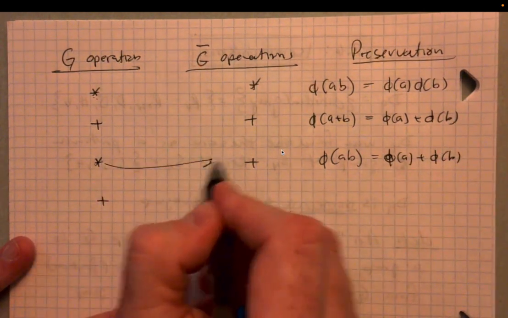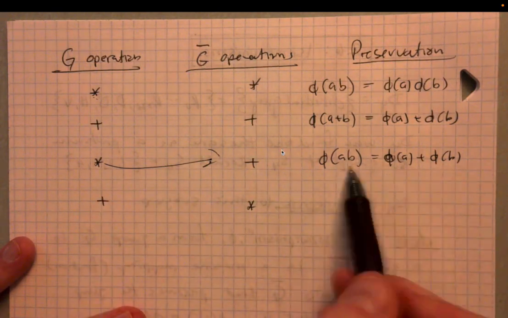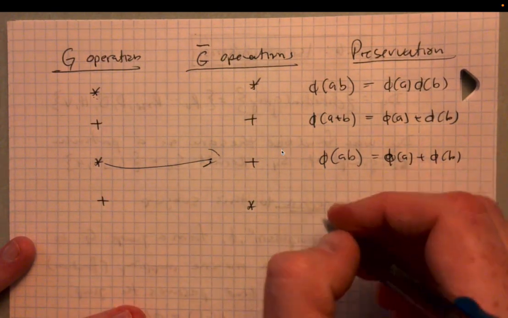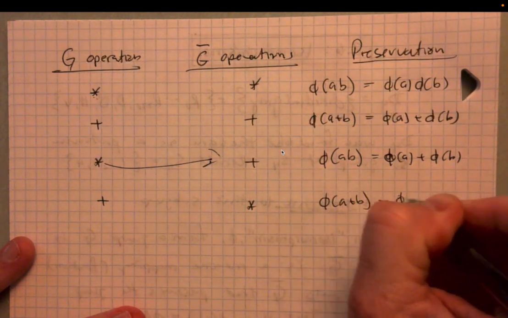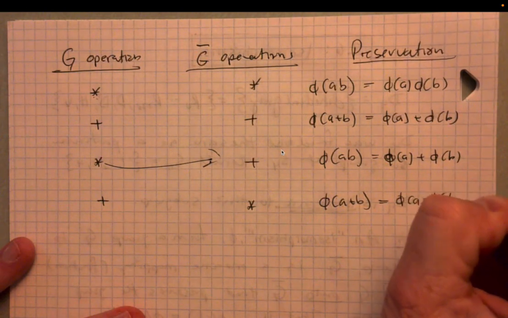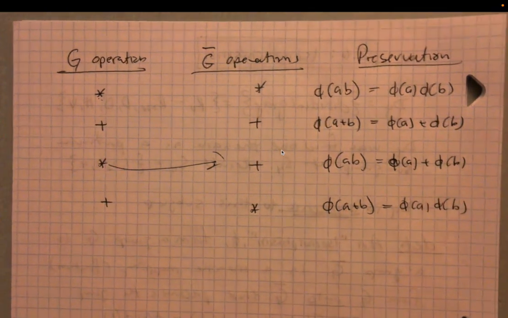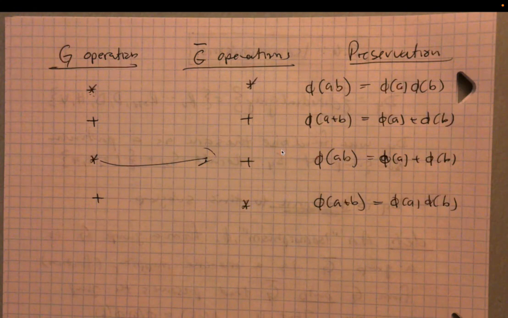So you're mapping multiplication onto addition, so the preservation needs to look like this. So we just have to be aware of that and be careful of that, right? Just because two groups have different fundamental operations, one being multiplication, the other being addition, doesn't mean that they can't be isomorphic to one another. In fact, there's lots and lots of examples where this is the case. Okay. All right. So that's that.